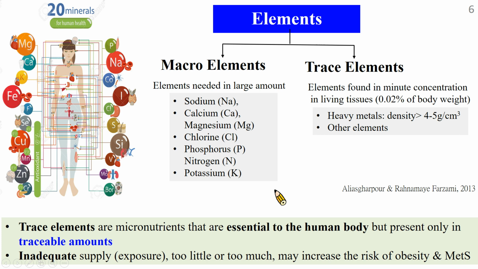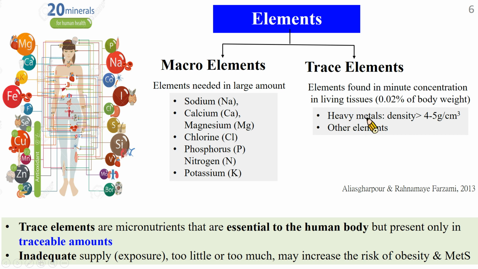However, inadequate supply or exposure, that means too little or too much, may increase the risk of obesity and metabolic syndrome. Also, please pay attention to this trace element category, because under the trace elements, we also have heavy metals.